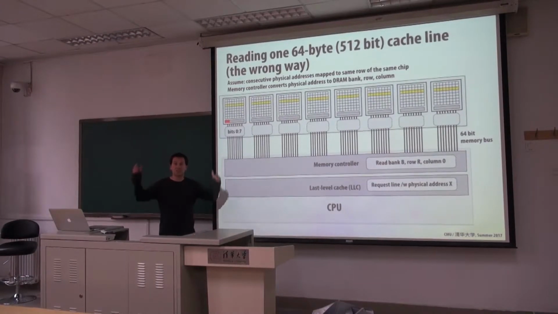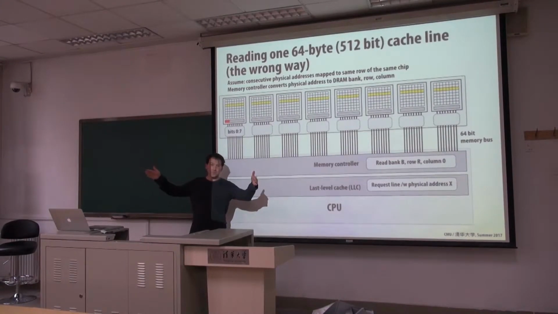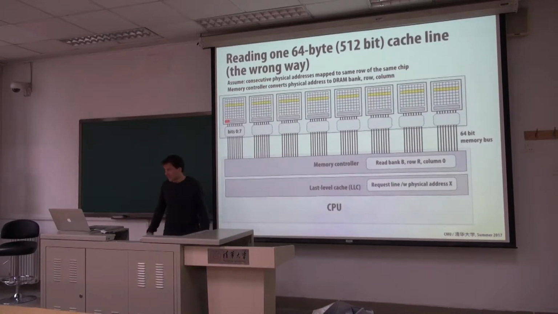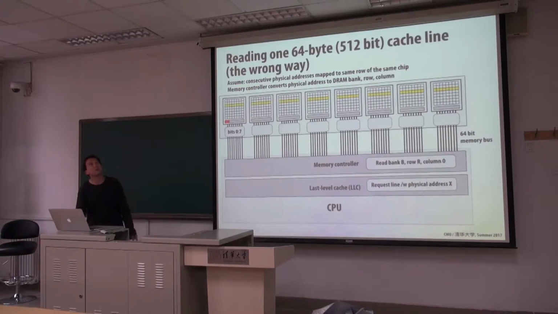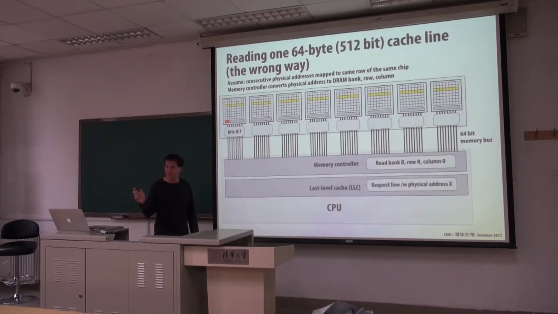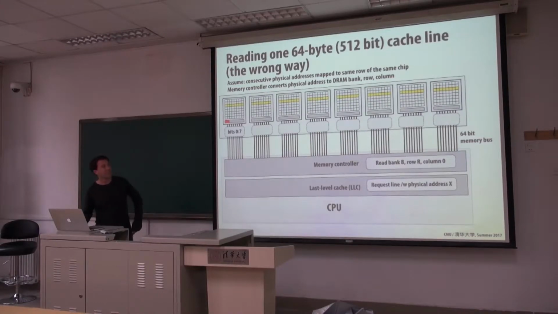We have a 2 kilobit row, so that's 256 bytes. We want a cache line, it's only 64 bytes, so that should all be on one row of one chip, right?